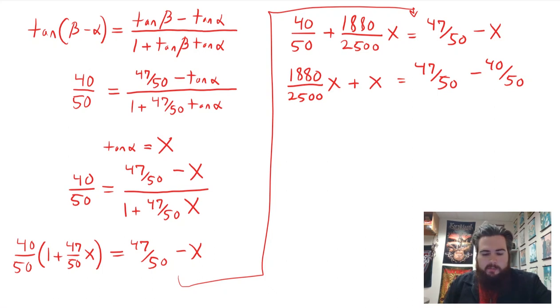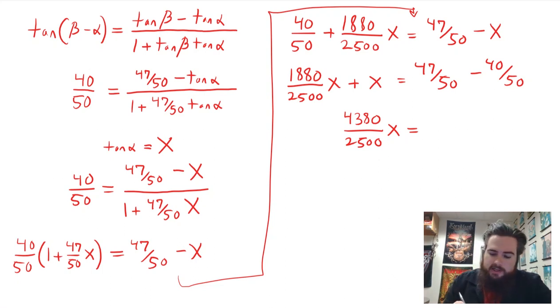These terms will all combine pretty well. 1880 over 2500x plus x will add another 2500 to the numerator. So that will have now 4380 over 2500x equals, on the right side, 47 over 50 minus 40 over 50, which is 7 over 50.